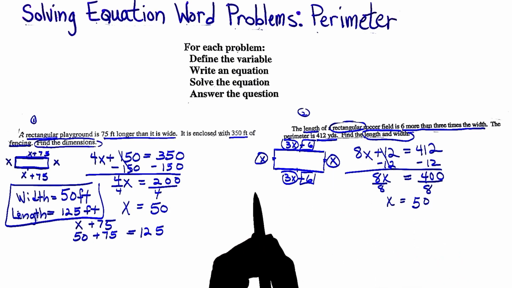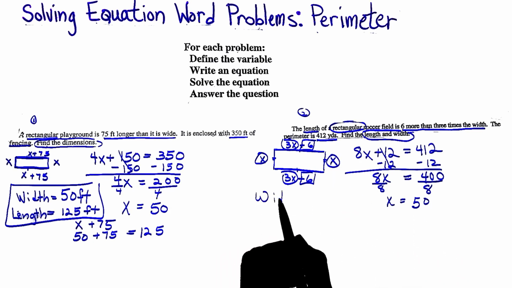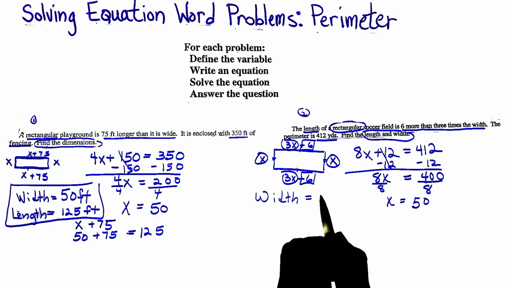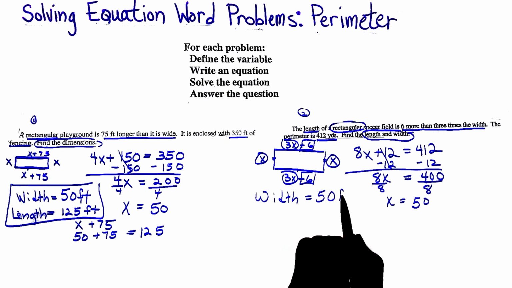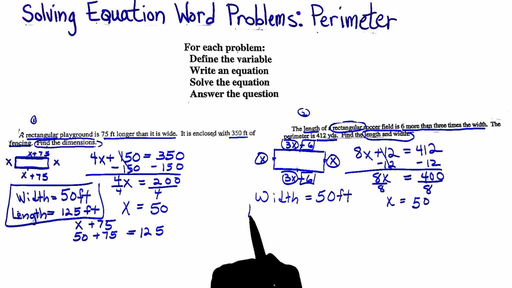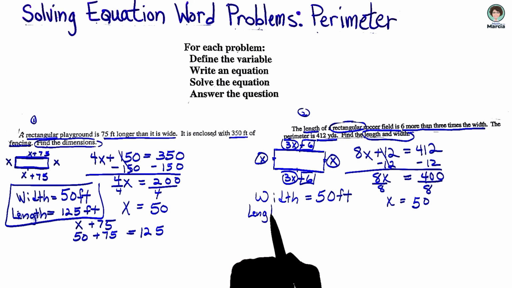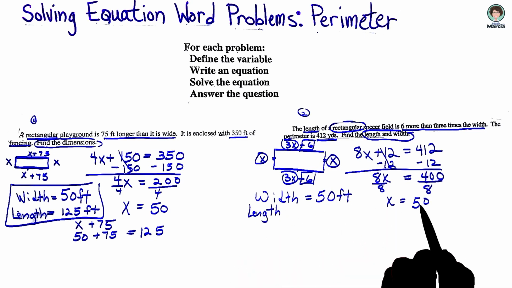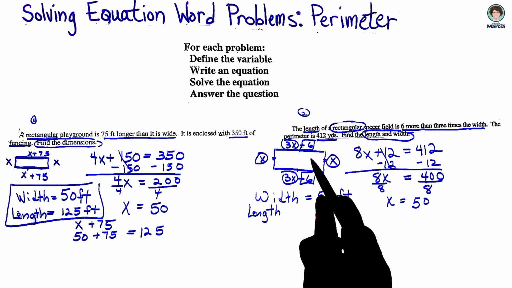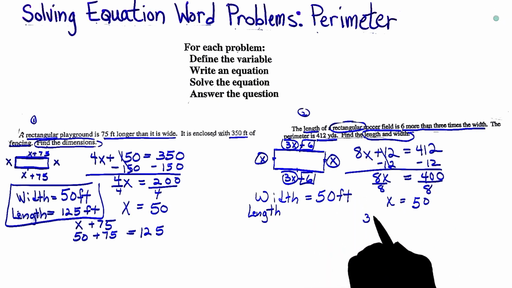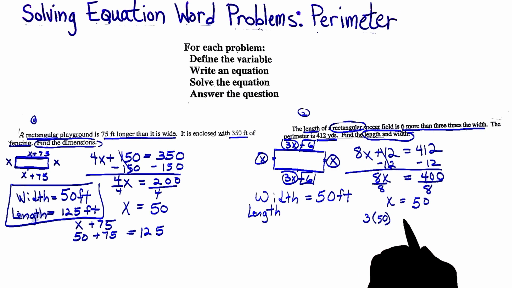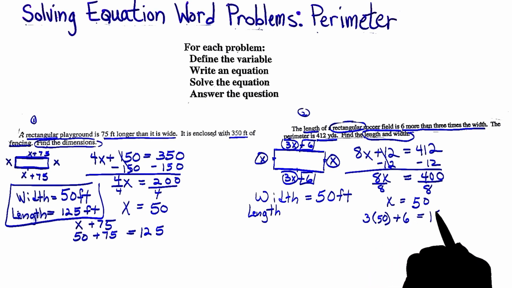Well, remember, our x was our width. So our width is equal to 50, and the length is going to be equal to 3x plus 6. So it's 3 times our 50 plus 6, and we know that that is going to be 156.